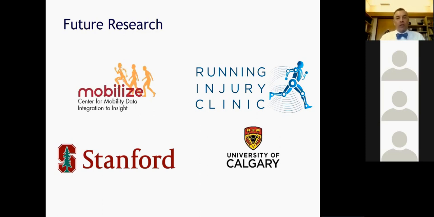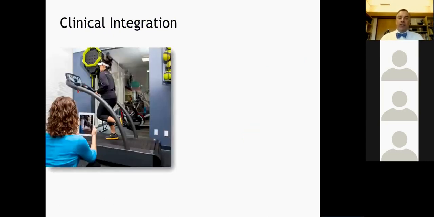And certainly my own clinic, the Running Injury Clinic here at the University of Calgary, we are publishing approximately a paper every 6 weeks in order to really try to advance this research so that you have the most evidence-based tools at your disposal. And really, that's what we've been doing over the last 3 years in terms of developing KinetiGait. So let's talk about clinical integration now.